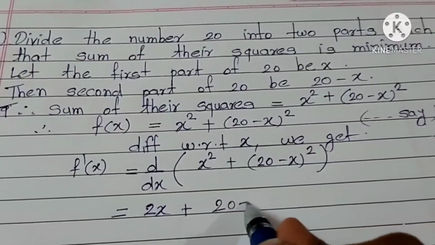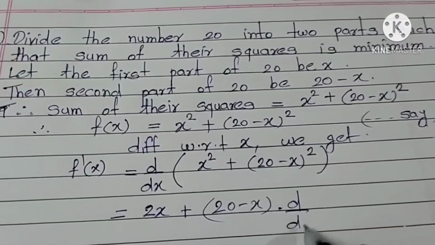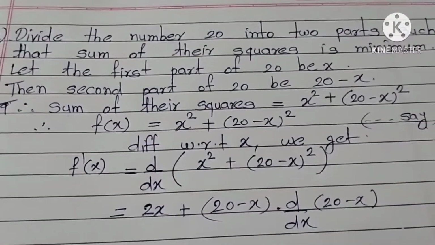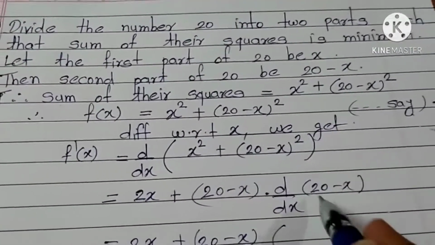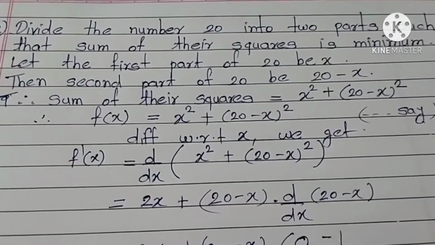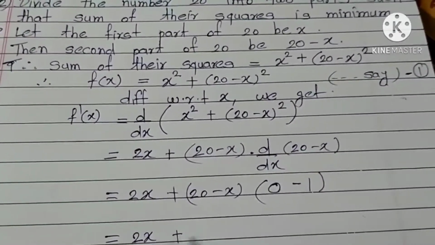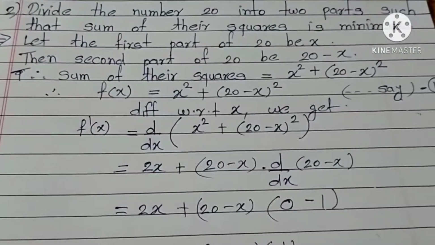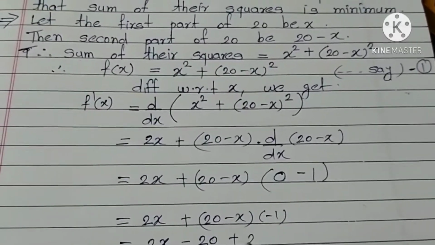So it is 2 times 20 minus x raised to 2 minus 1, which is 1, and d by dx of 20 minus x. So it is 2x plus 2 into 20 minus x, and derivative of 20 is 0, derivative of minus x is minus 1. Now multiply, so it is 2x plus 2 into 20 minus x into minus 1.